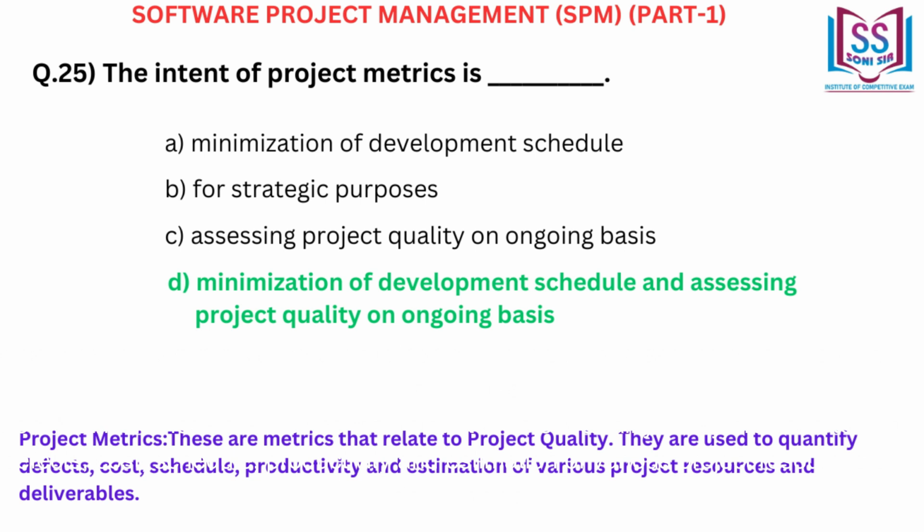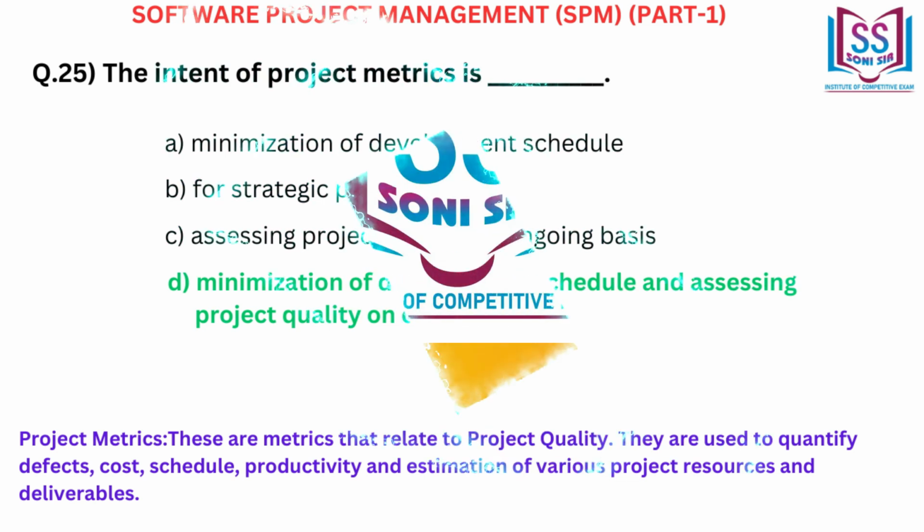Correct answer D. Minimization of development schedule and assessing project quality on ongoing basis. Project metrics. These are metrics that relate to project quality. They are used to quantify defects, cost, schedule, productivity, and estimation of various project resources and deliverables.